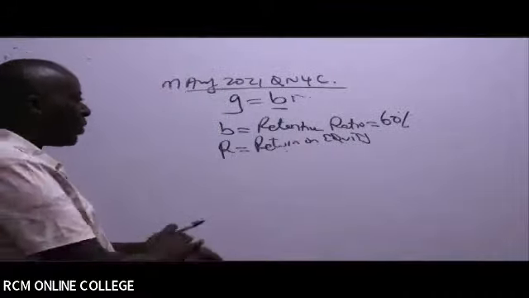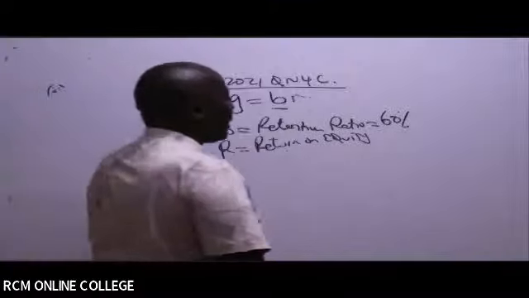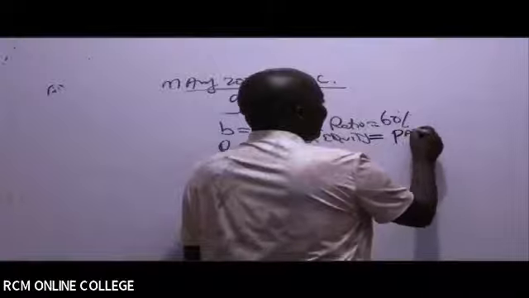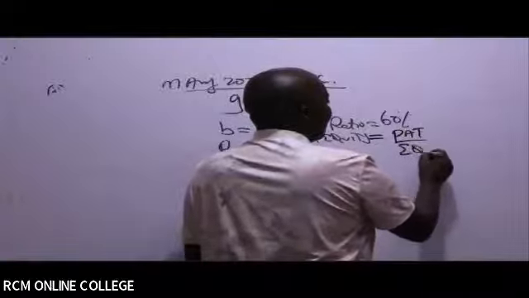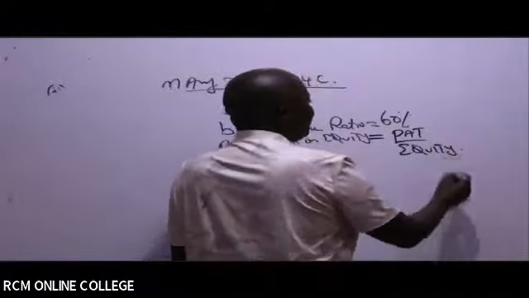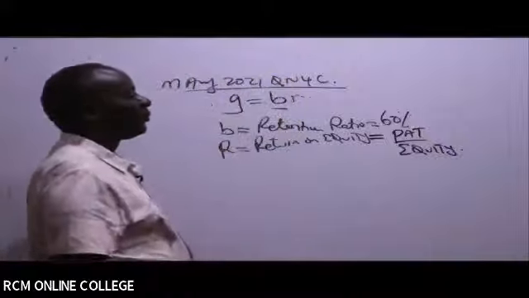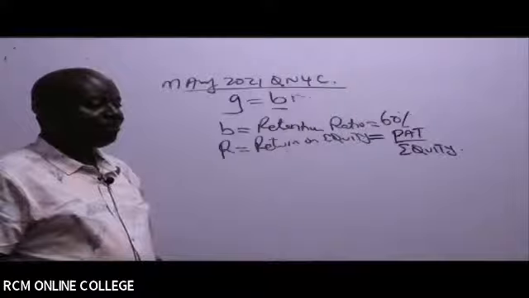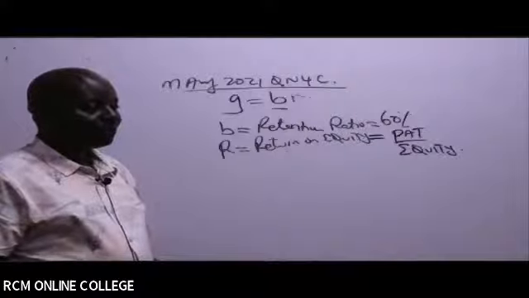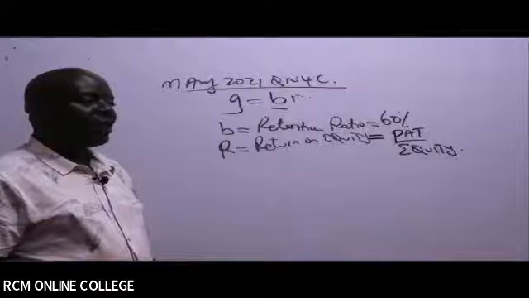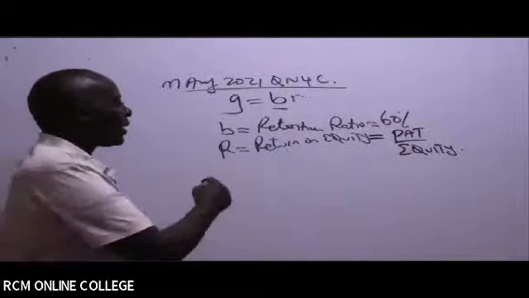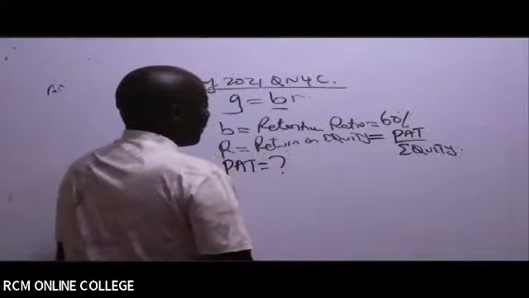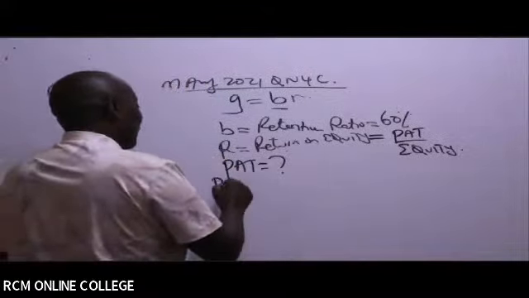So this return on equity, ladies and gentlemen, what do we have over here? Return on equity, of course, here it's PAT all over equity. So PAT wasn't given. Profit after tax, not given. But we have earnings per share.